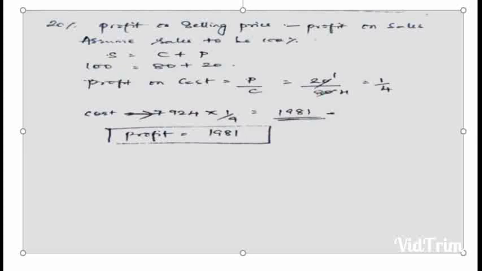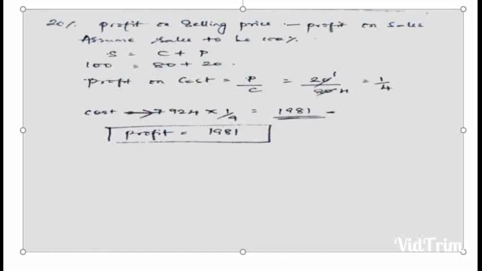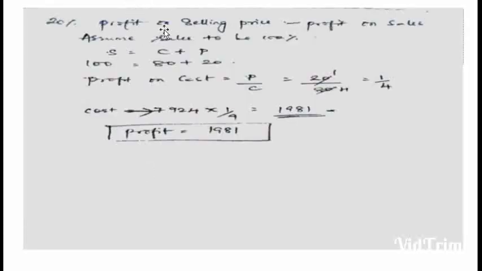As per the question, (2.2) Prepare a quotation which guarantees 20% of profit on selling price. So for this calculation, 20% profit on selling price, it is profit on sales. So they have stated 20% profit on selling price, which is nothing but profit on sales.